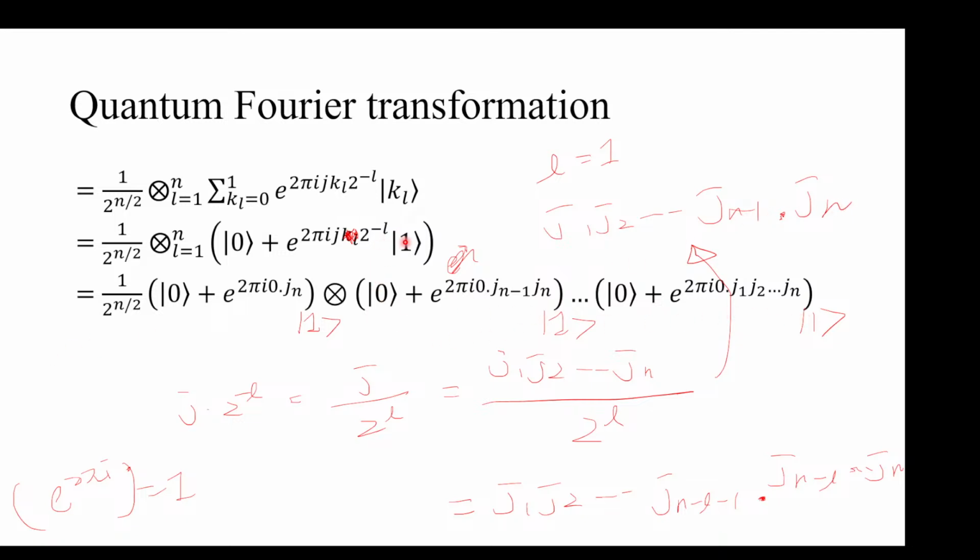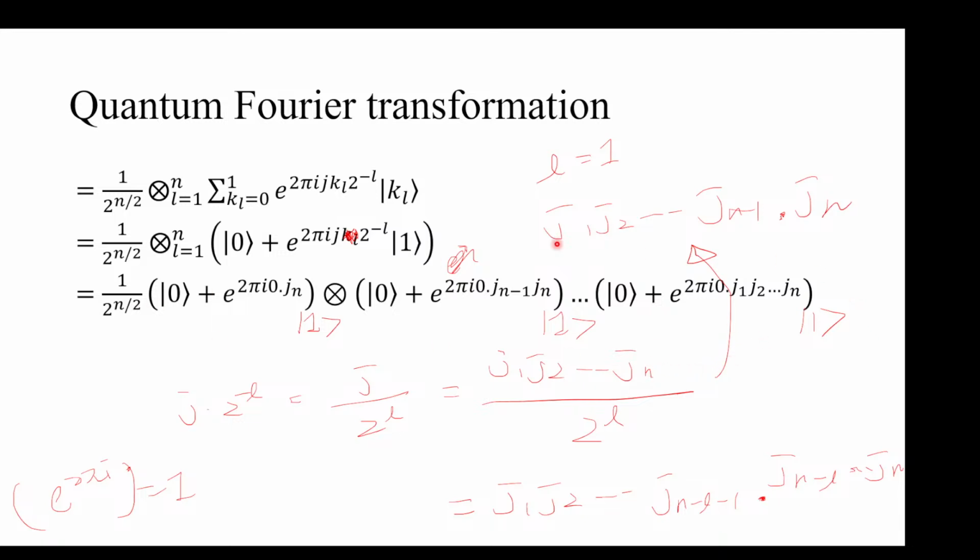And so the more you divide by larger and larger powers of 2, in the end you have l equal to n, and you just have this 0.j1, j2 to jn.